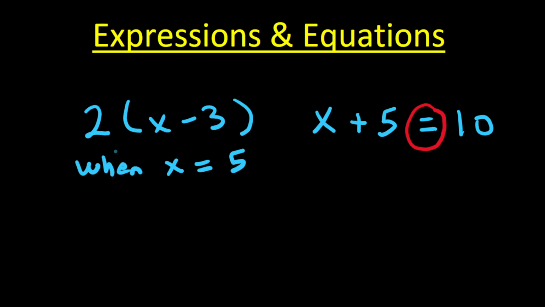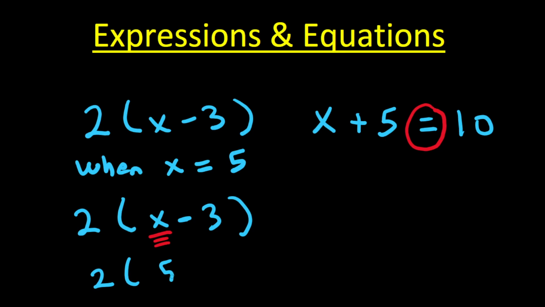What we would do here is rewrite the expression 2 times (x minus 3), and then substitute the x for 5. So let's rewrite it: 2 times (5 minus 3).